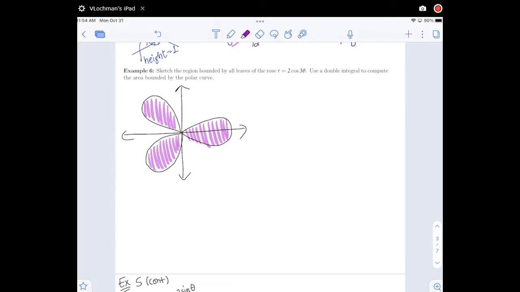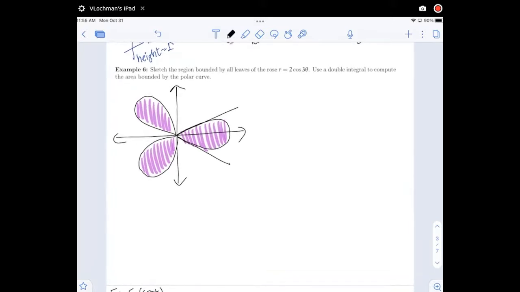Okay. So what we need is to take a look at this leaf right here. We're going to use this one because it's more or less clear what those angles are. And if it's not clear from the picture, we will be able to compute it algebraically. I'm going to use this one because I can use symmetry here to compute the area of it. Or if I don't want to use symmetry, I can just use the upper and lower angle limits to determine what the area is.